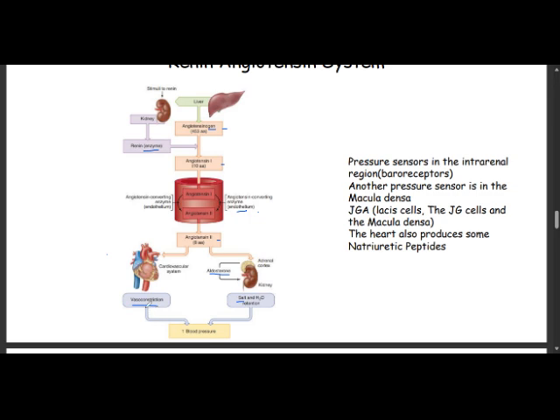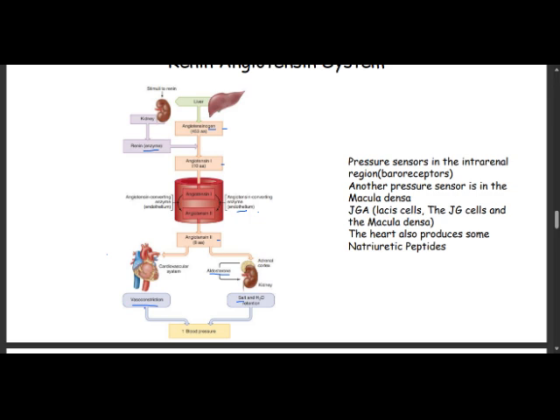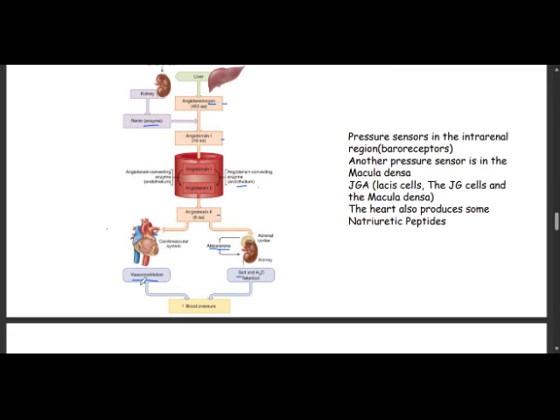So remember vasoconstriction, like we said, there are two ways of controlling blood pressure. Like at the beginning here, we said that a renin enzyme is secreted when there's low blood pressure. Low blood pressure means there's low volume of blood. Vasoconstriction means the vessels are going to be constricted.